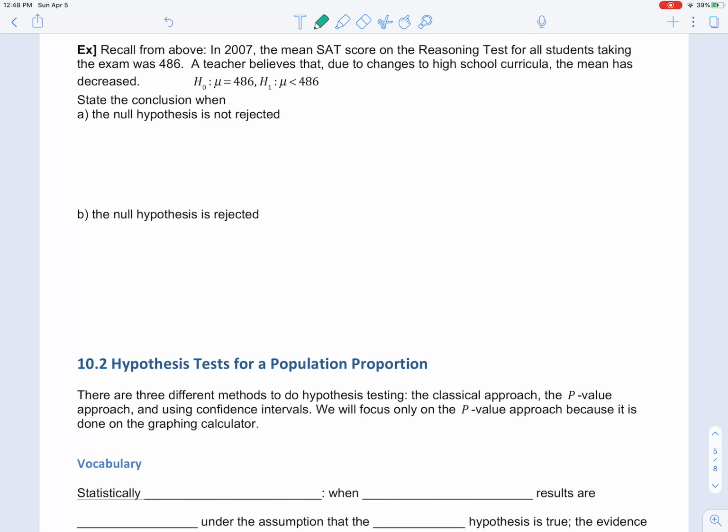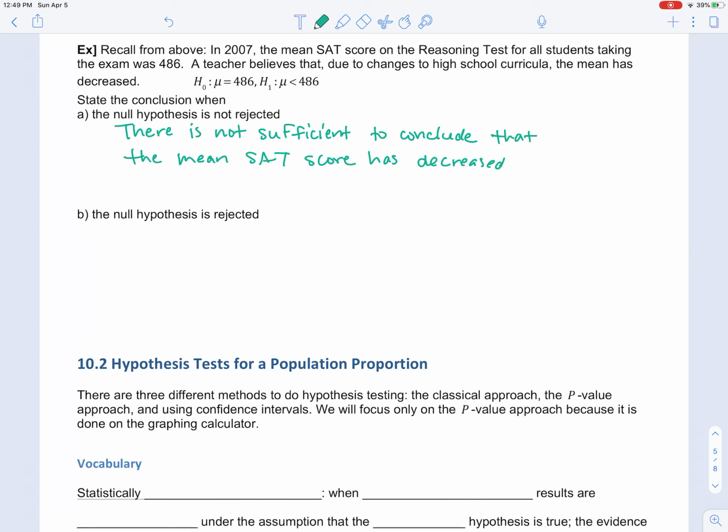So we want to state the conclusion when the null hypothesis is not rejected. When the null hypothesis is not rejected, that means that your sample evidence was not strong enough. So we would say there is not sufficient evidence to conclude that the mean SAT score has decreased.